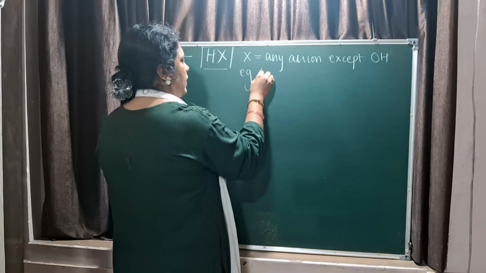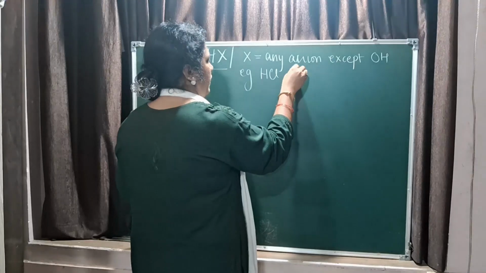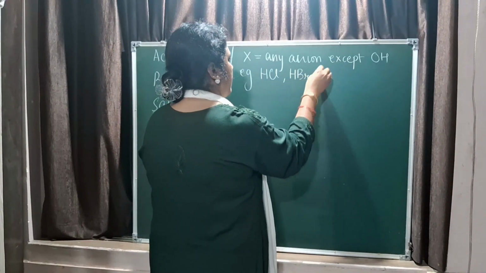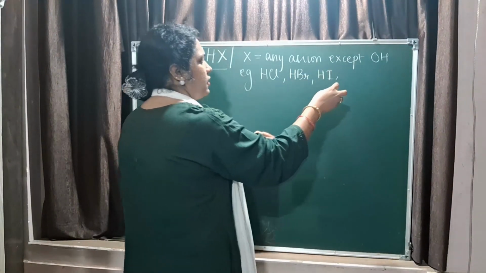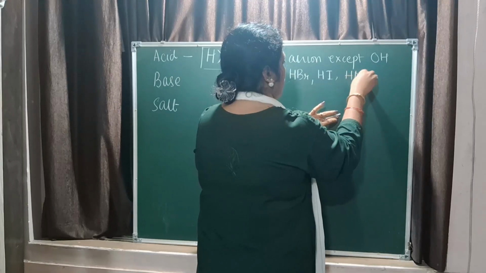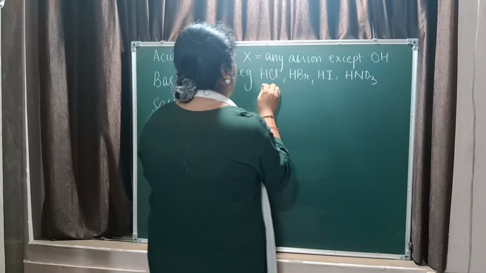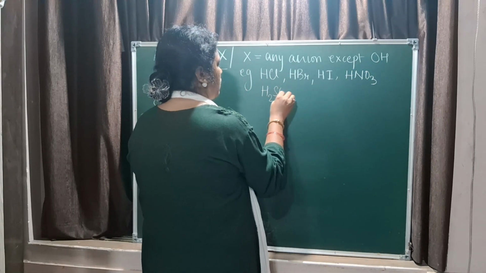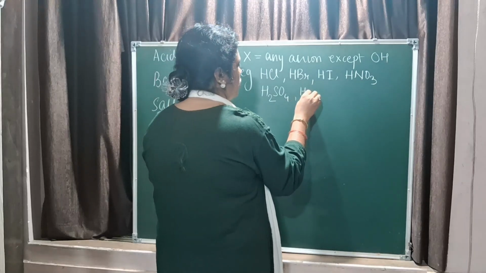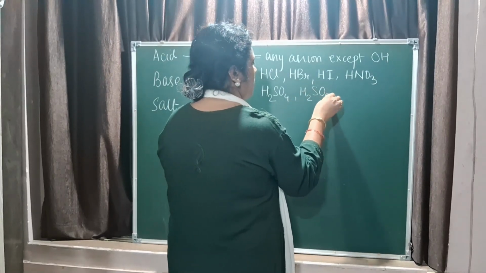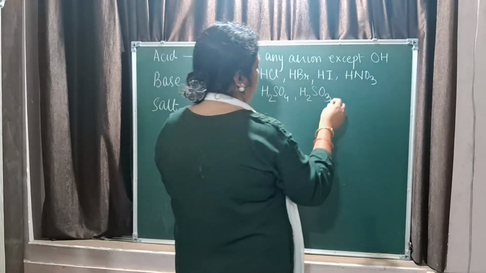Example, HCl, HBr, HI, HNO3, H2SO4, H2SO3, right. These are all acids.